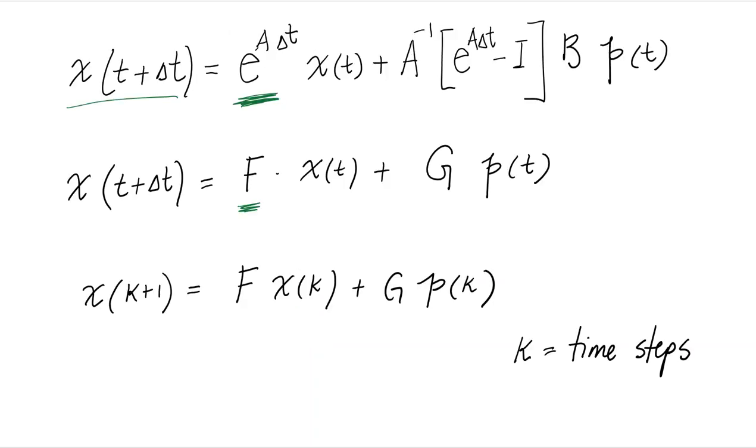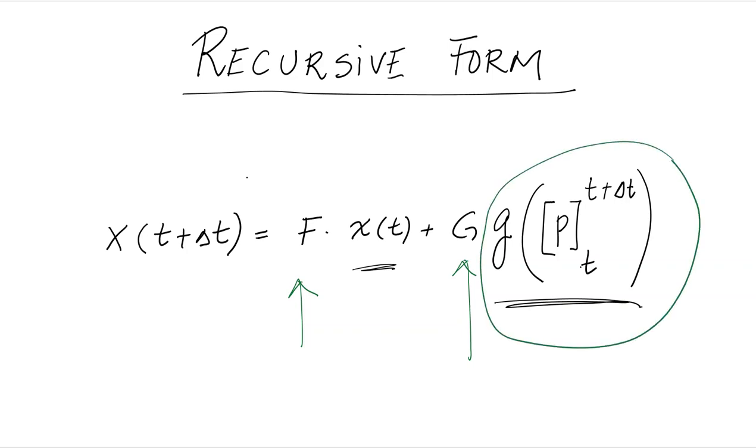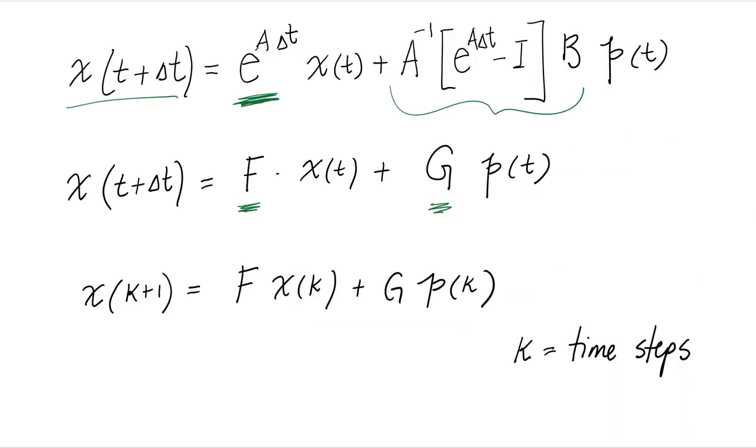And this whole matrix here becomes our matrix G that we were talking about at the start of our discussion. And this whole function of P between t and t plus delta t is simply P of t, the value of the load at the beginning of the step.